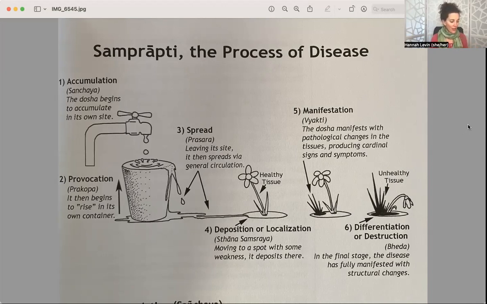So according to Ayurvedic therapeutics, the disease process can be addressed at any stage, but specific treatments are needed for specific stages. So in these first two stages, the accumulation and the provocation, one can reverse the process by oneself. You don't have to go to a doctor, but you need to know this knowledge, which is why I want to teach everybody.